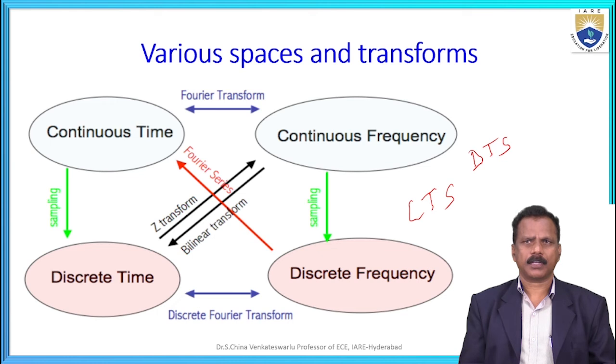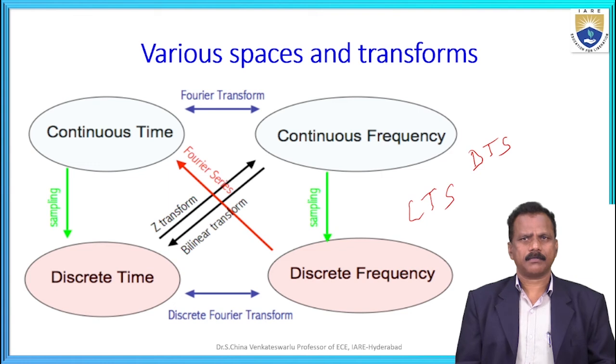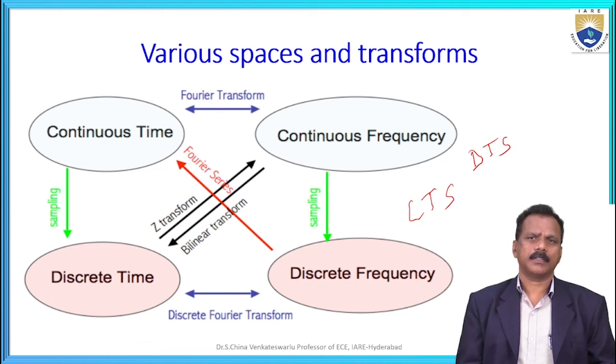That means for continuous time to continuous frequency, we require the Fourier transform. Continuous frequency to continuous time, we require the Fourier transform. Here, discrete time to discrete frequency, we need DFT. Discrete frequency to discrete time, we require DFT, the discrete Fourier transform.